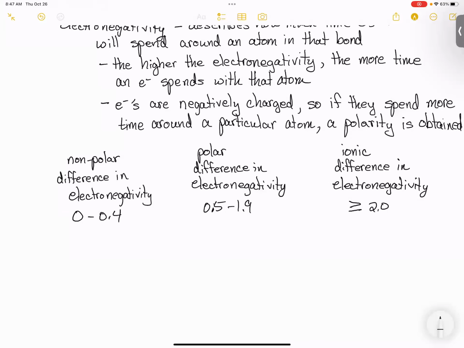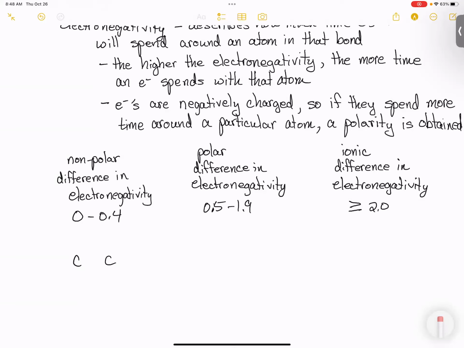Now, what does this mean? When we say something is nonpolar, let's talk about a carbon-carbon bond.